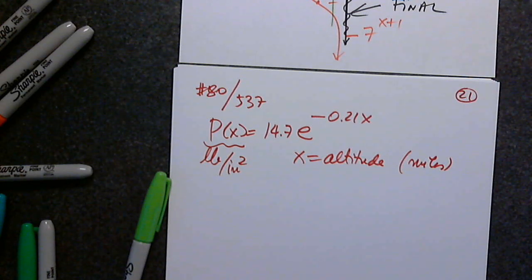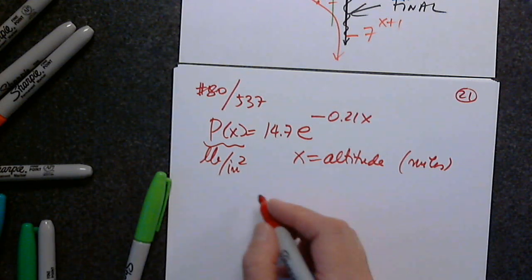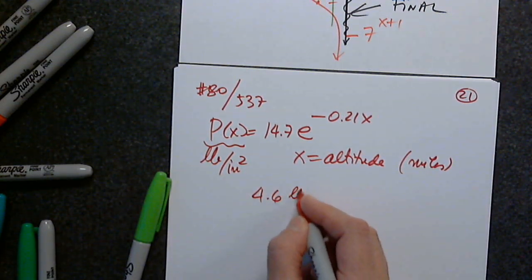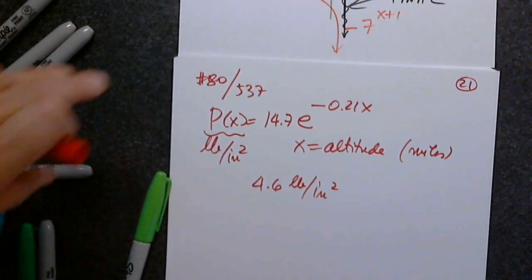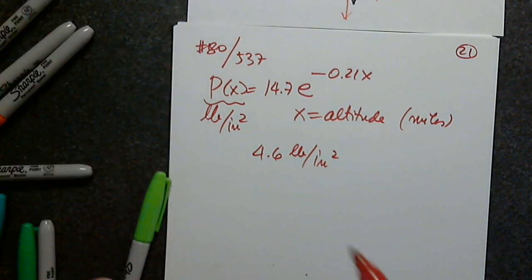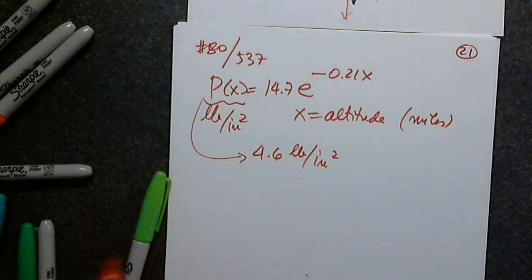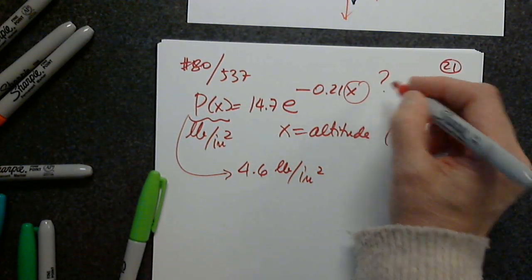At the peak of Mount Everest, the world's highest mountain, the pressure is 4.6 pounds per square inch. How many miles above sea level, to the nearest tenth of a mile, is the peak of Mount Everest? So this is given to us, and we're asked to find the altitude.